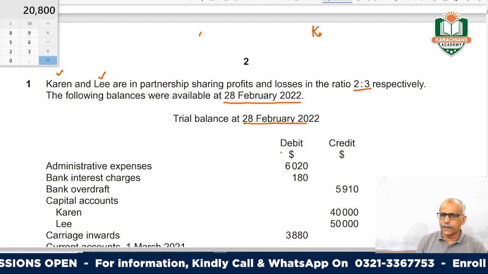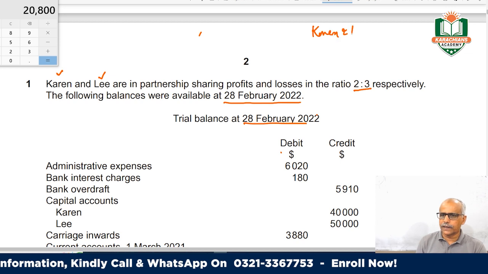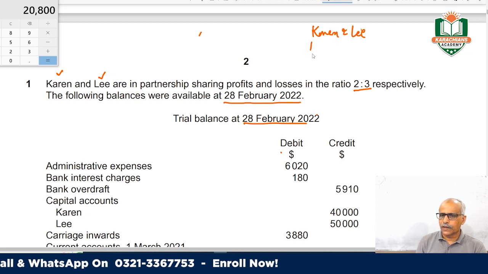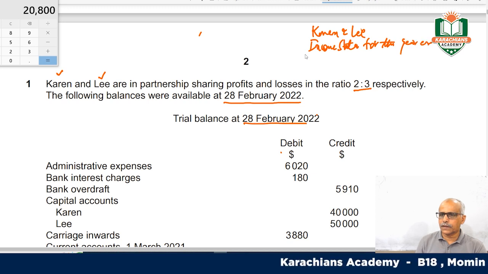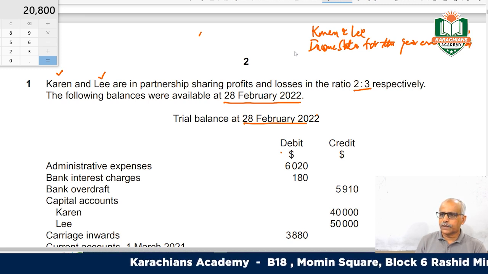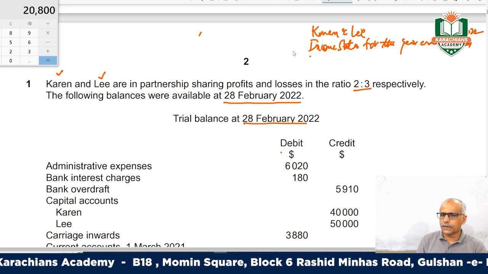So this will be Karen and Lee, income statement for the year ending 28th of Feb 2022, right?